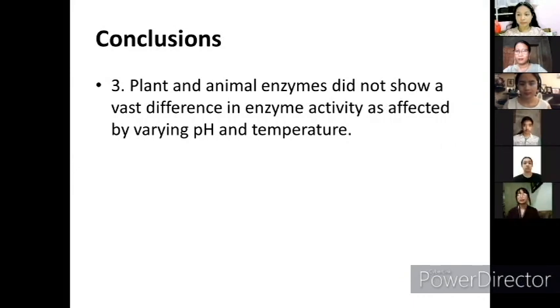I am Deniel E from Group 3, and I'm here to present the third conclusion and summary of our experiment. We have concluded that plant and animal enzymes did not show a vast difference in enzyme activity as affected by varying pH and temperature. To summarize our research, we use the descriptive method, meaning we describe the result depending on our observation.